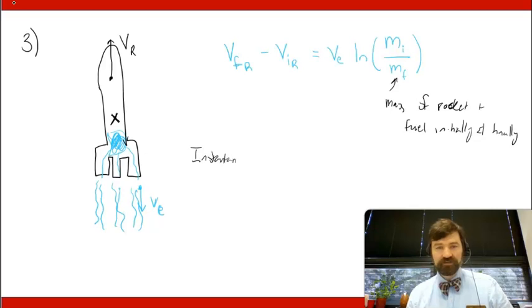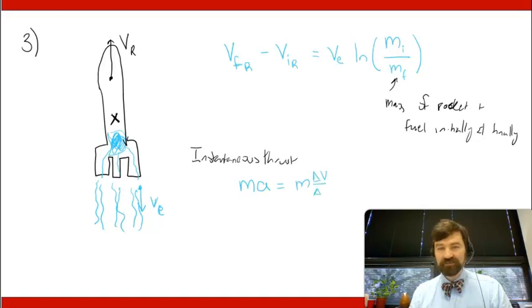So instantaneous thrust basically says that the mass of the rocket plus any fuel that happens to be on board times its acceleration, in other words, the F equals ma term, if you will, which is equal to mass times delta V over delta T, must be the absolute value of the exhaust velocity times the rate change of the mass for the rocket.